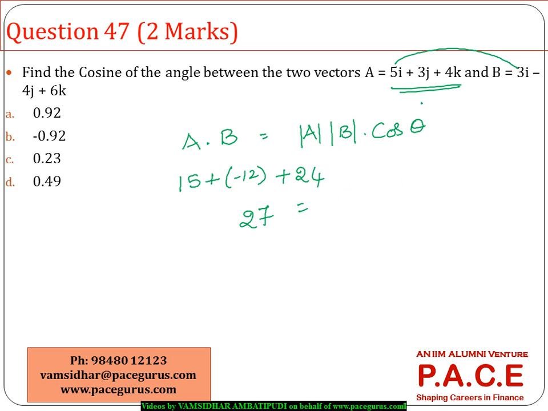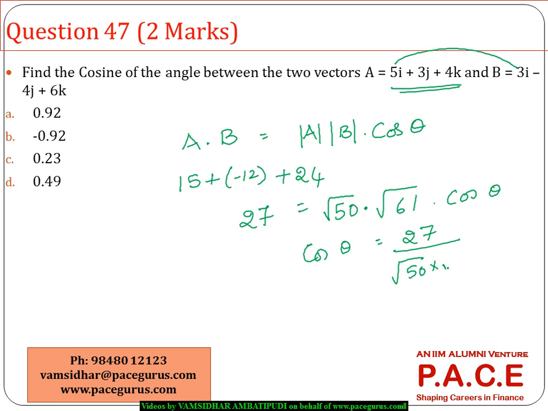What is the modulus of A? Square root of 25 plus 9, 34 plus 16, 50. What about B? Square root of 9 plus 16, 25 plus 36, 61. So cos theta will work out as 27 divided by square root of 50 into square root of 61.